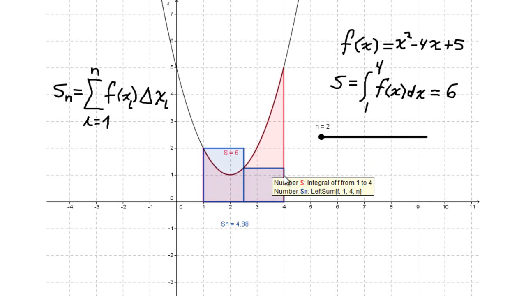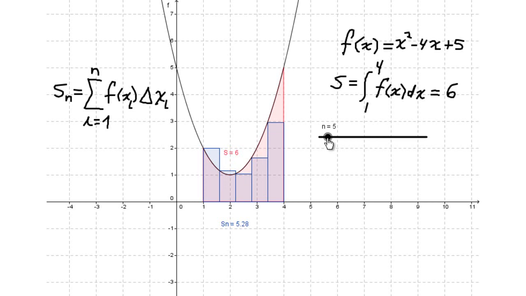Now, when you increase the number of rectangles, and of course the width of each rectangle is smaller, the figure little by little takes a value approximately the actual value of the area under the curve.